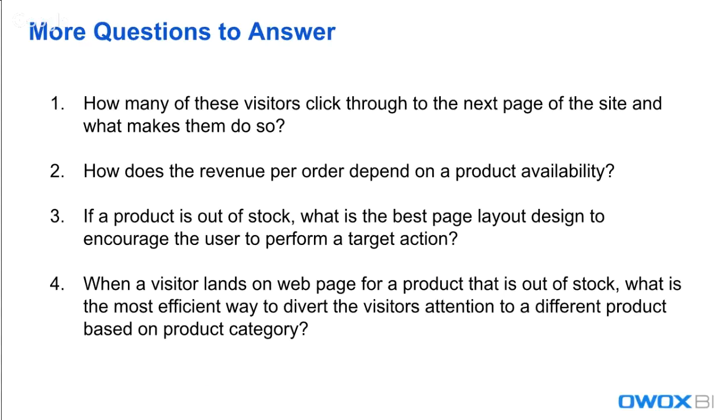Moving forward, let's imagine that we send product category and page type as custom dimensions. You know that some users can land on a product page, but as a result they purchase a substitute item or a product from a related category. Thus, individual products or entire product groups can stimulate sales of alternative blocks or products.